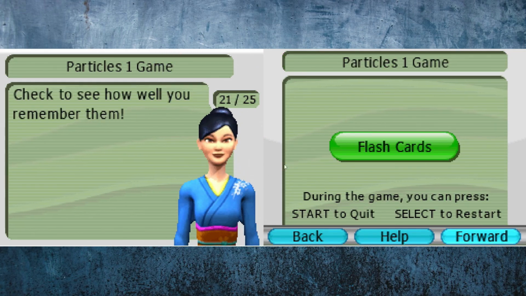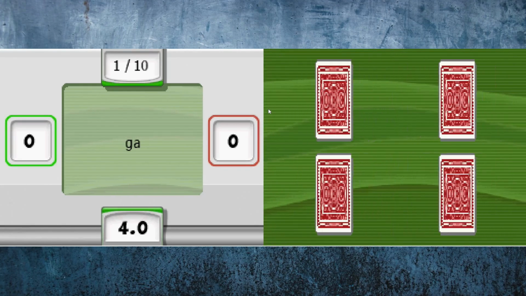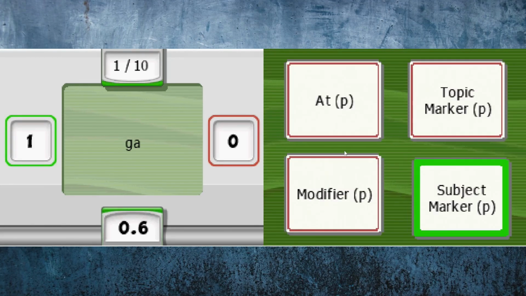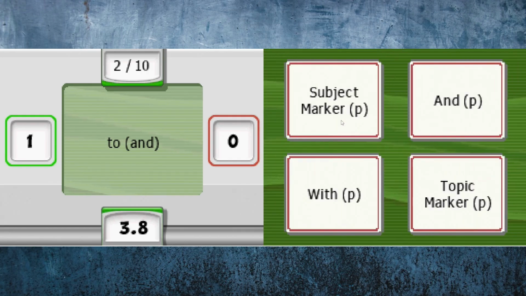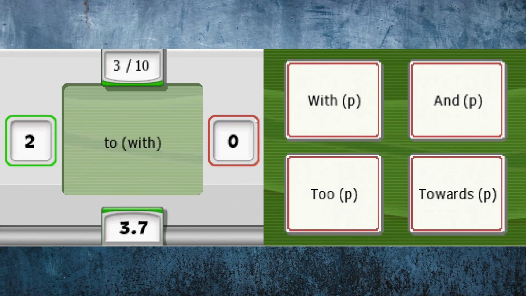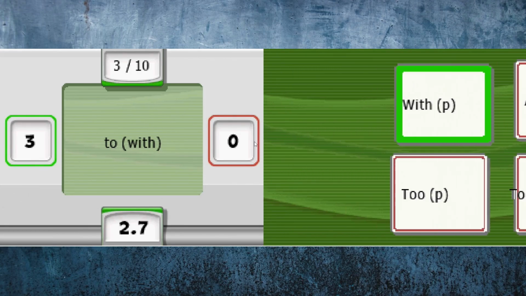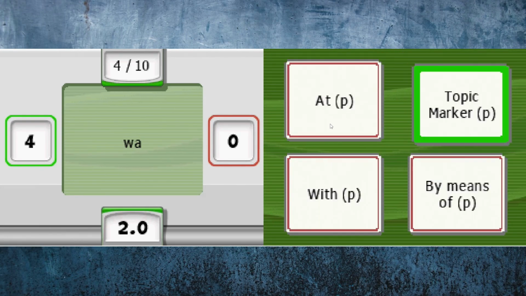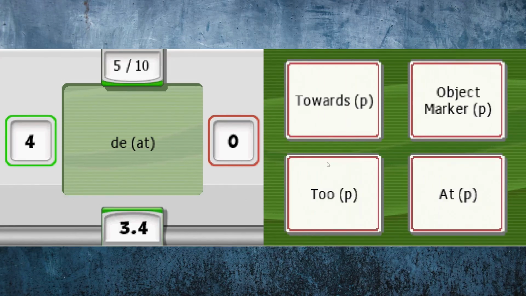Check to see how well you remember them. Flashcards. が Ga, subject particle. と With, and. と To, with. Okay, this is easy. It just tells you the answer. Wa, topic. で De is place, at.